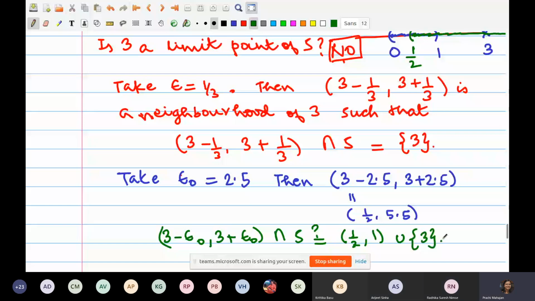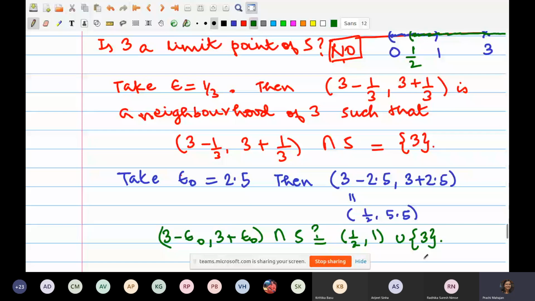So for this particular epsilon naught interval around 3, if you intersect with S, the neighborhood intersects S in something different from 3. This does not say anything about 3 being a limit point or not.